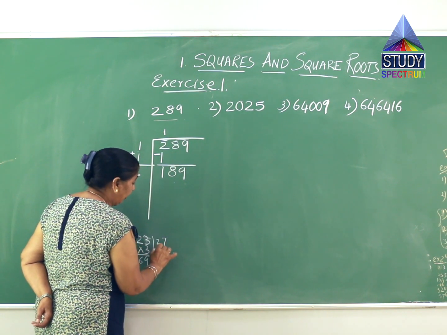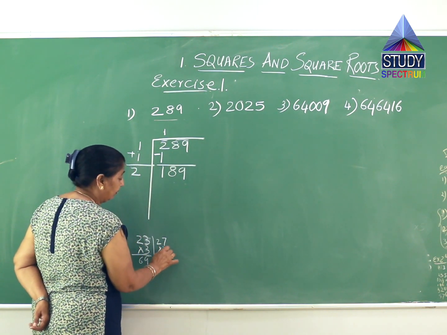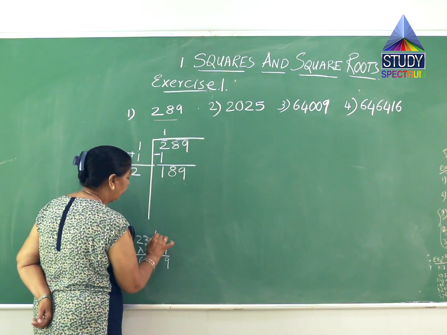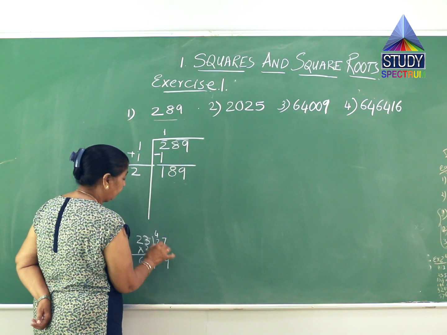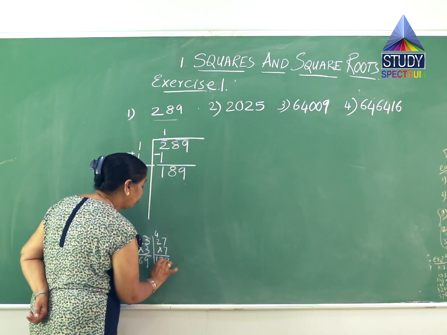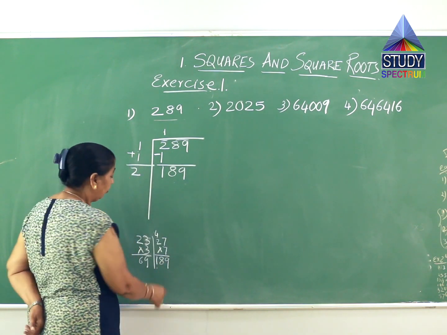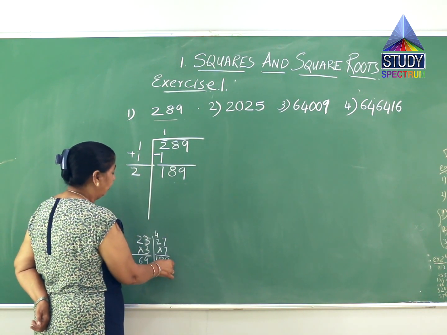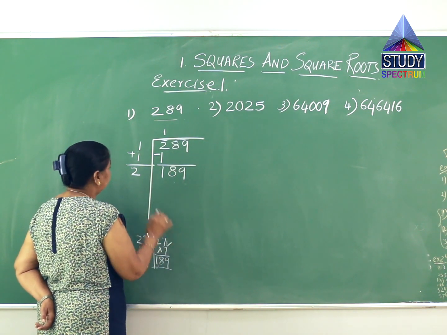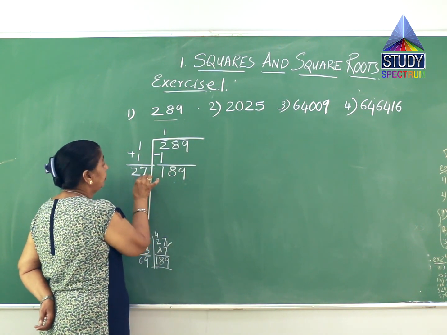Now if I multiply 27 by 7, it gives me 7 into 7, 49, 4 will carry forward, 7 into 2, 14, 14 plus 4, it gives me 18, and the number formed is 189. So this is the number we are looking for. So this number is correct, that I will put over here.